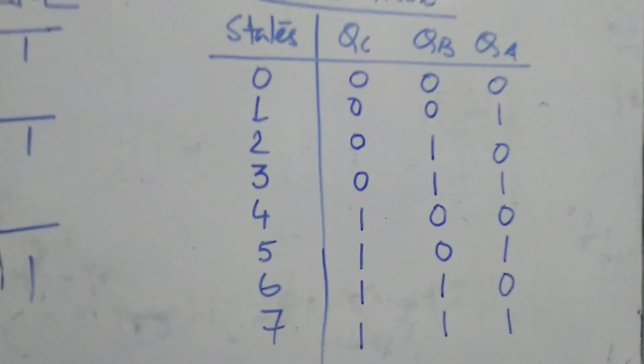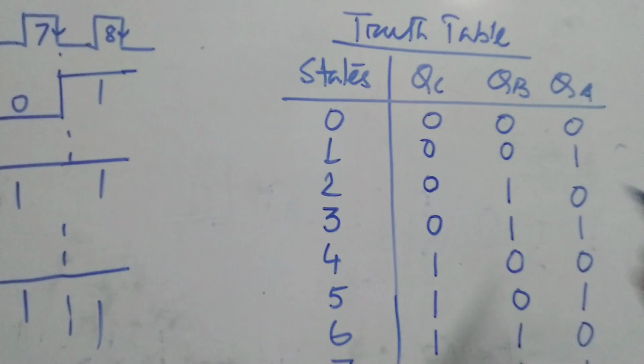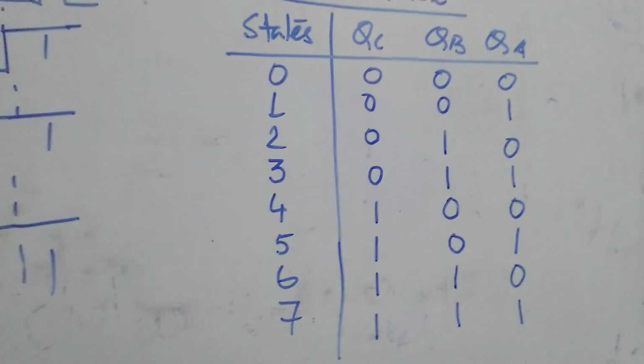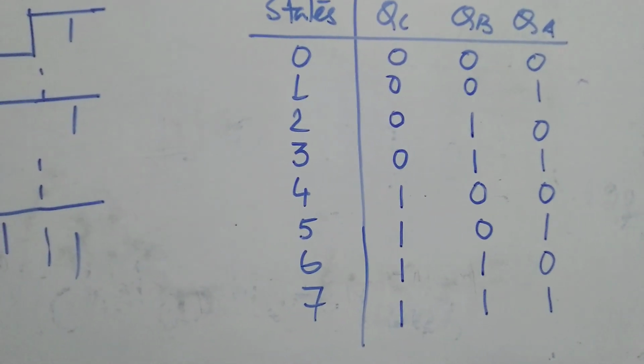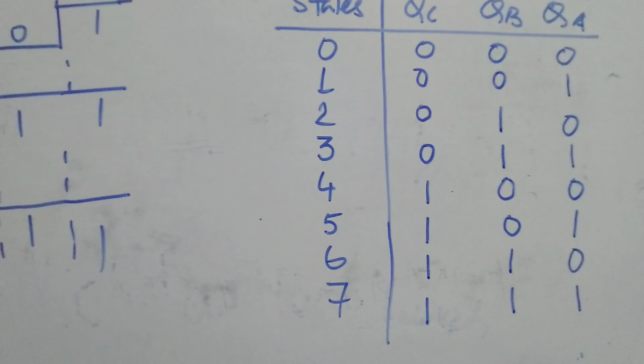So if we look at the table, then it is up counting. Initially it was the 0 0 0 state, then 0 0 1, 0 1 0, 0 1 1, 1 0 0, 1 0 1, 1 1 0 and 1 1 1.